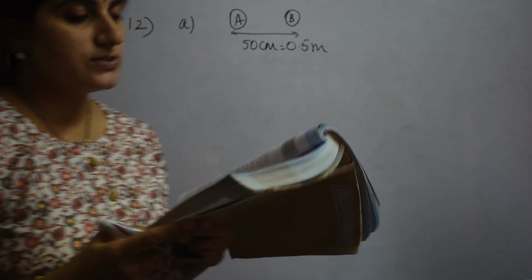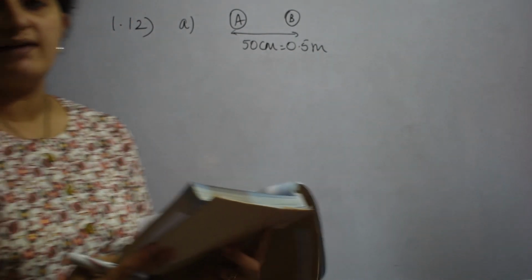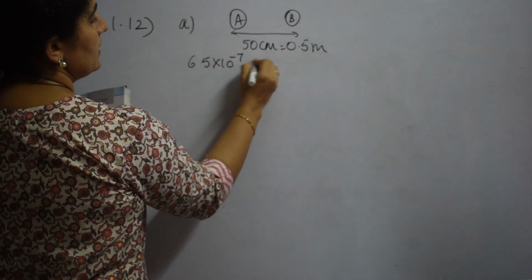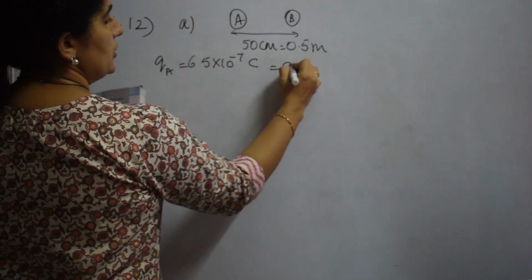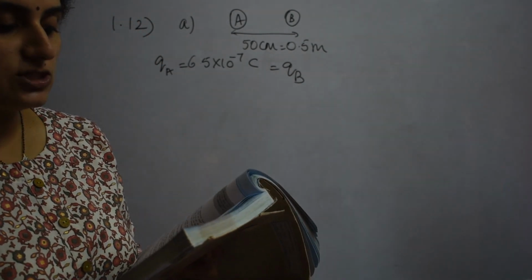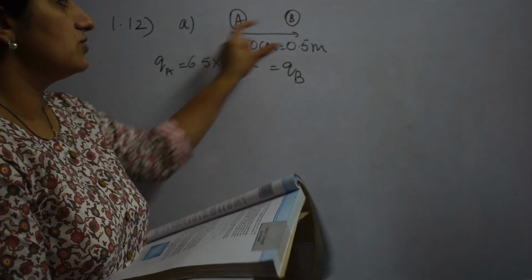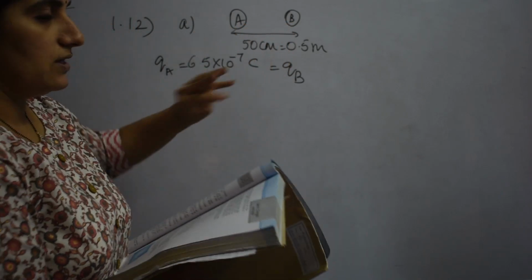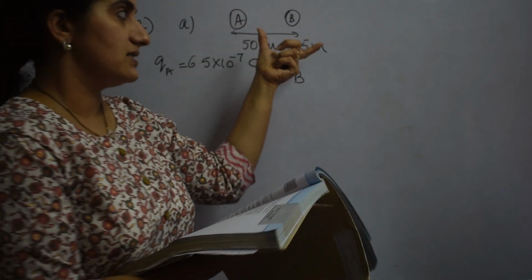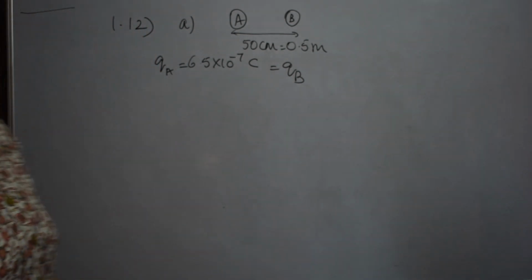What is the mutual force of electrostatic repulsion if the charge on each is 6.5 into 10 to the power minus 7? So QA is equal to QB. The radii of A and B are negligible compared to the distance of separation. That means you need not consider the radius of each; otherwise you have to. But in this one we don't have to. You just consider the distance of separation and find the electrostatic force of repulsion.